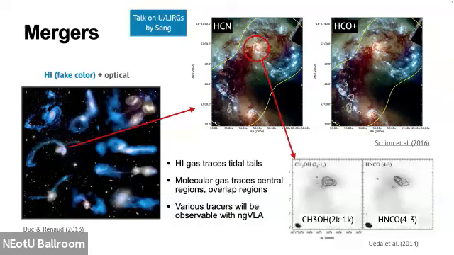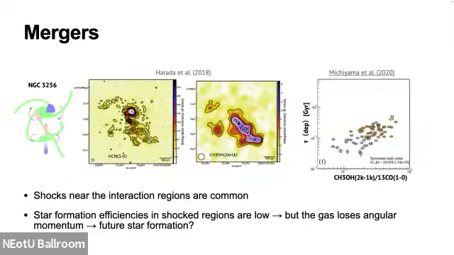We also did some ALMA observations. This source is a merger, and the northern one is face on, the southern one is edge on, and the structure looks like this, but methanol only traces the interaction regions of the mergers.